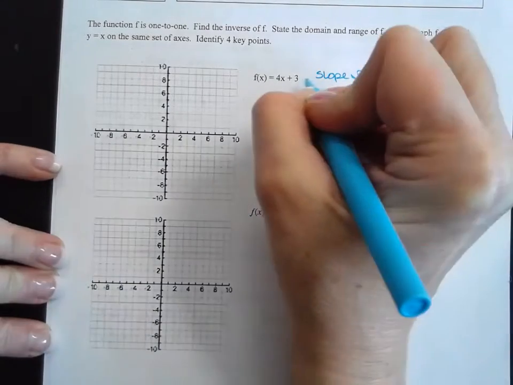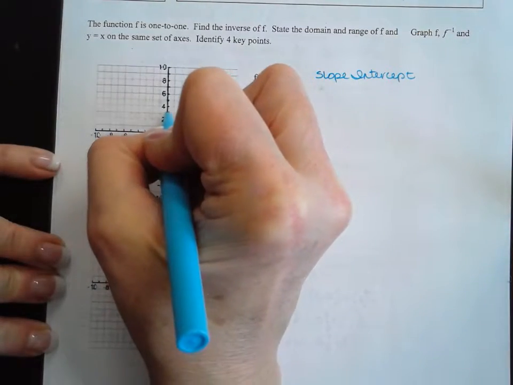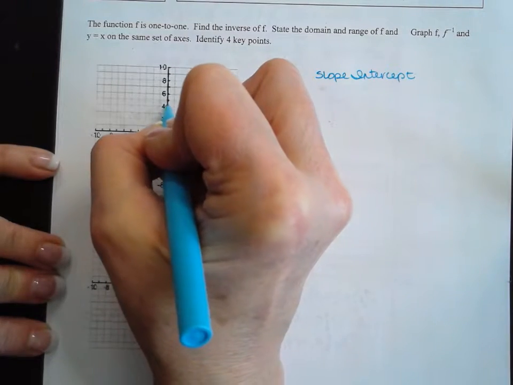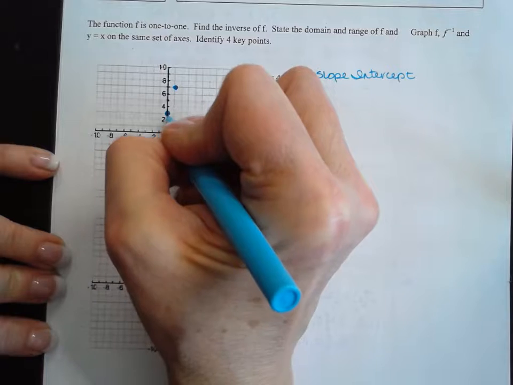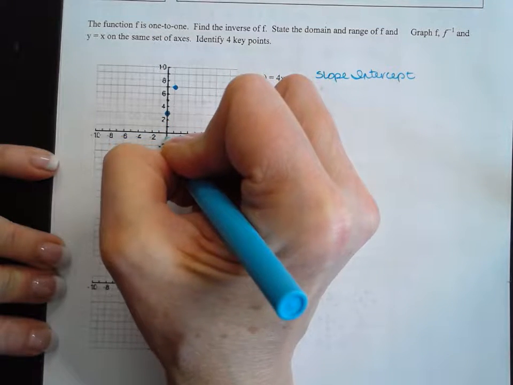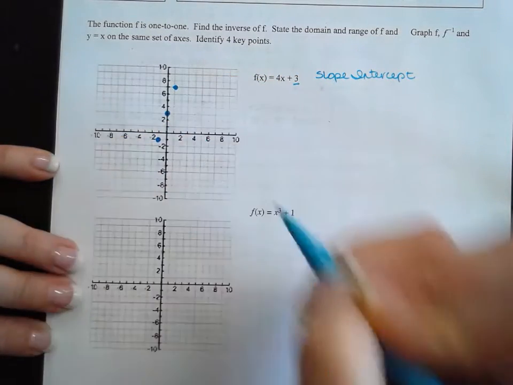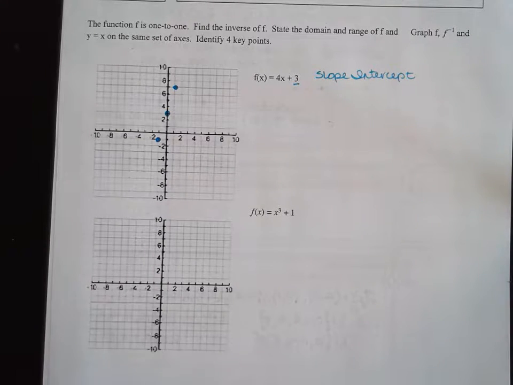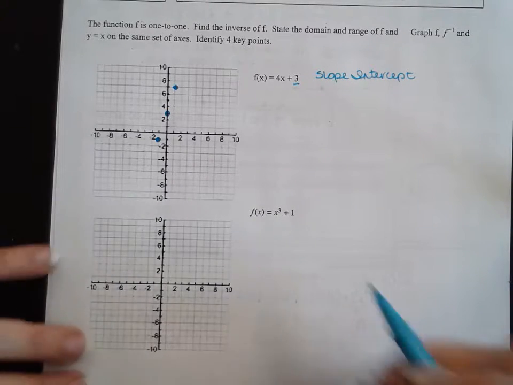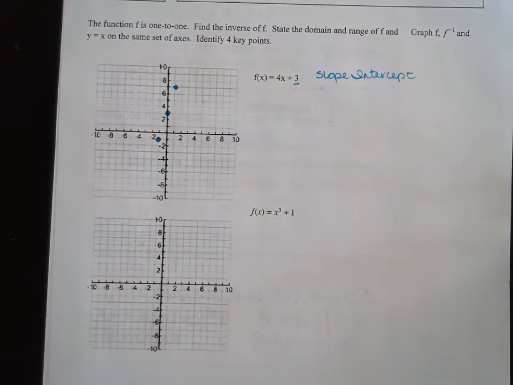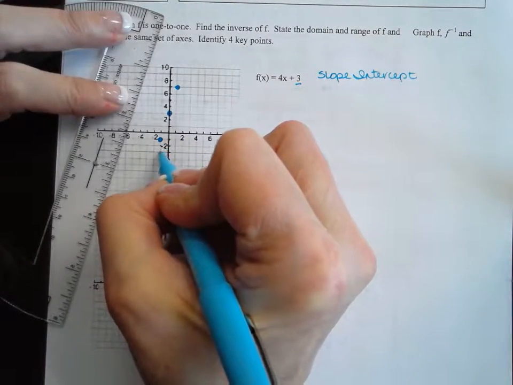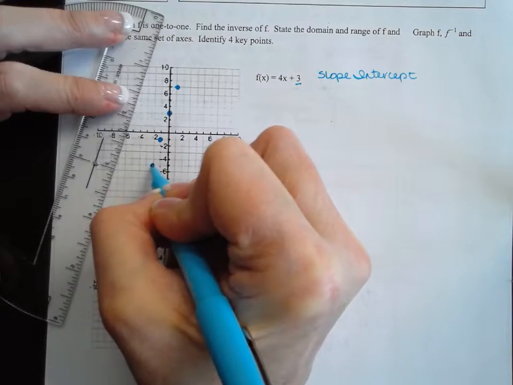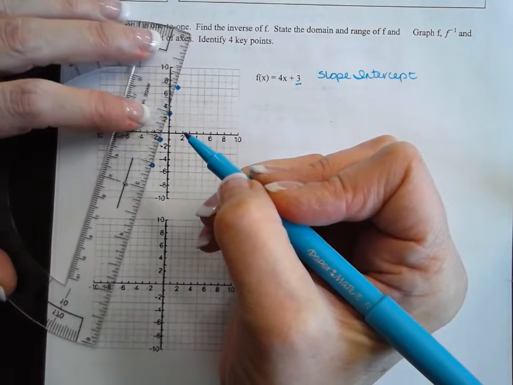Start at 3, and then we're going to go up 2, 3, 4, and over 1. And I'm going to also go down 2, 3, 4, and over -1. Okay. And go 1, 2, 3, 4, and over -1. So I have 4 points.